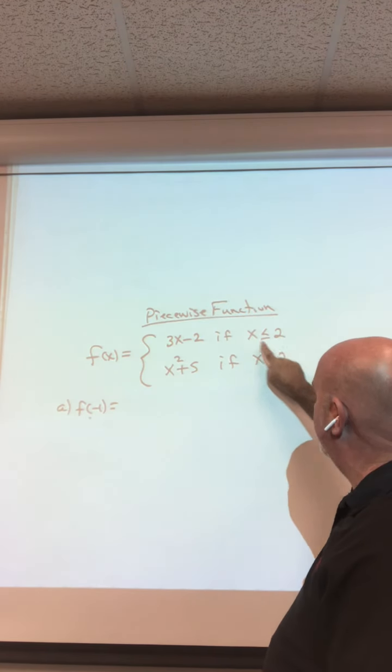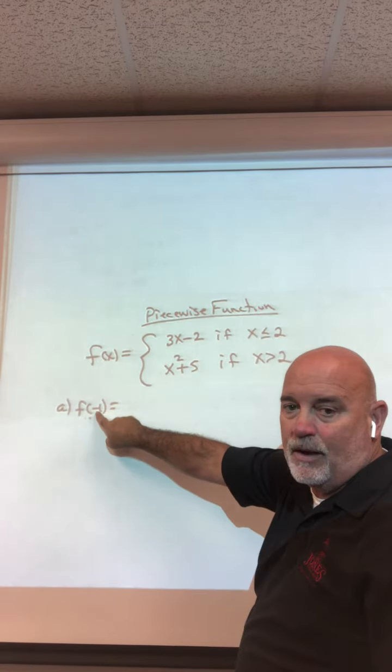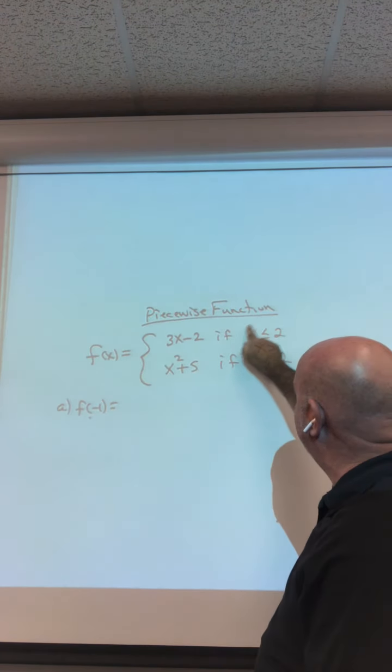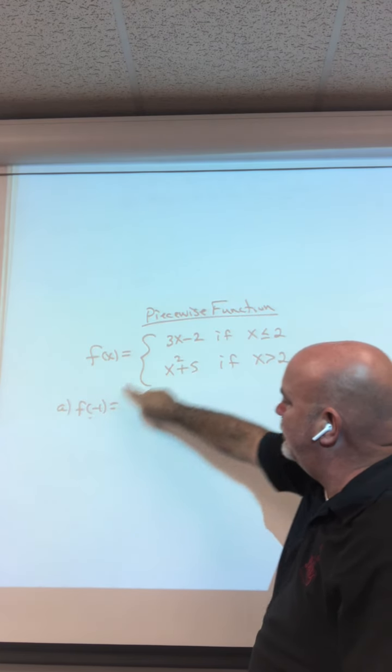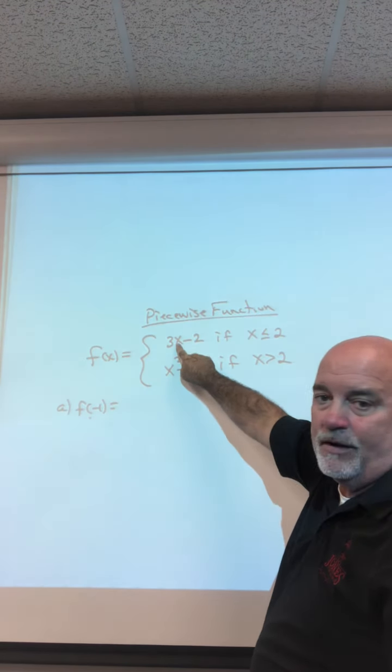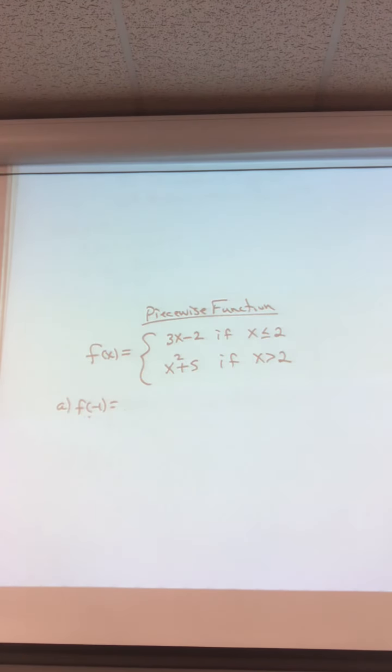No. Is it smaller than 2? Yes. So since the number I'm choosing for x is in this range, I'm going to plug it into this part of the function. So you're going to take -1 and put it right here. When I do that, it would be 3 times -1 minus 2, which is -5.